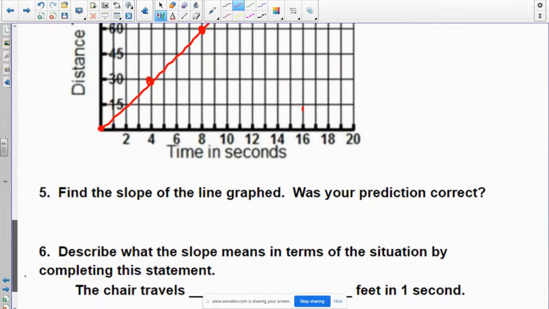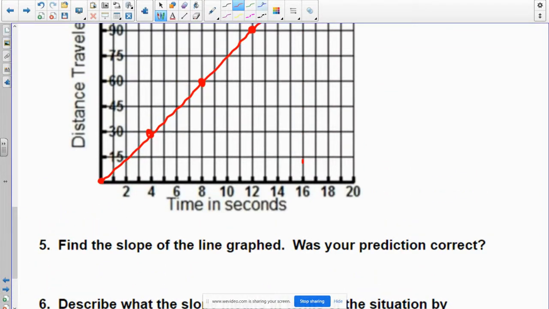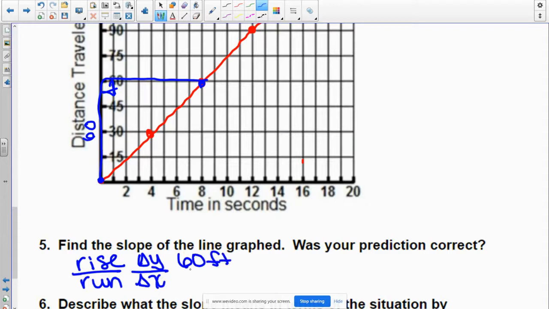So down here, find the slope of the graph. We're going to go ahead and use a slope triangle. So we'll go 0, 0. I'm going to go right up to here just for fun. Let's make my right triangle like we've done multiple times. My rise right here is 60. So rise over run, or change of the y over change of the x, my rise is 60 feet, and my run, and I can look over to the side here, is 8 seconds, or I can look down here, every box is 1.